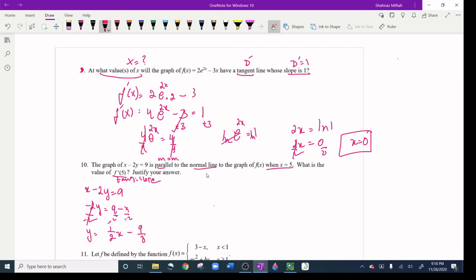Since they said this line and the tangent lines are parallel to each other, it means the slopes are exactly supposed to be the same at x equal 5.